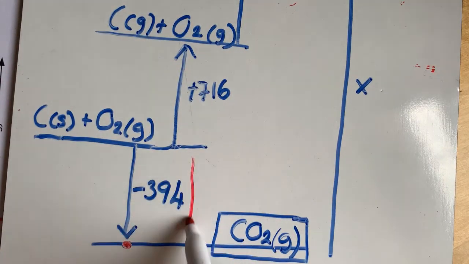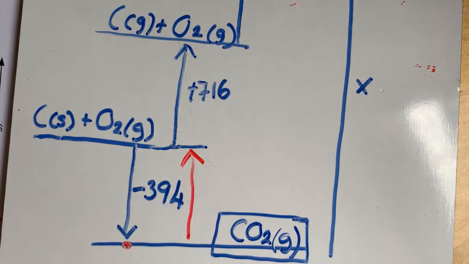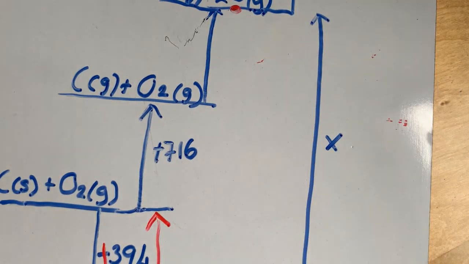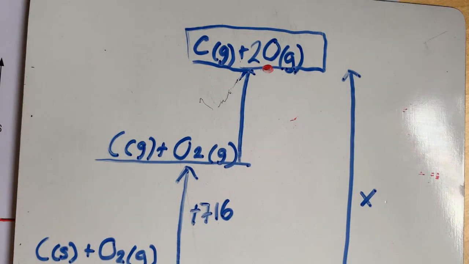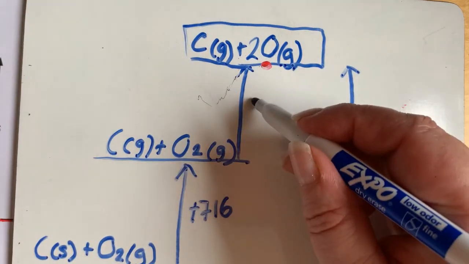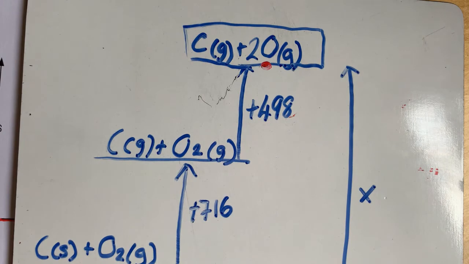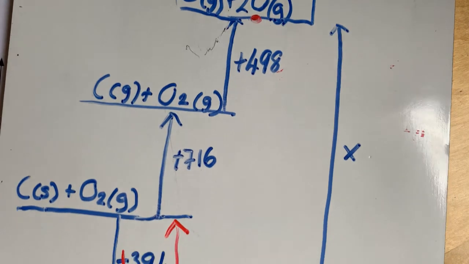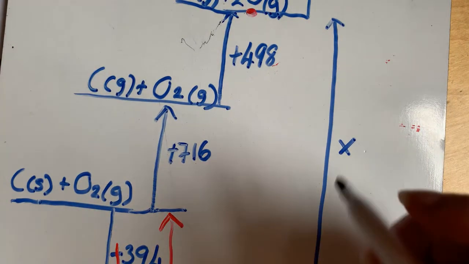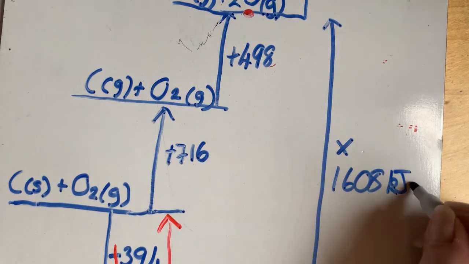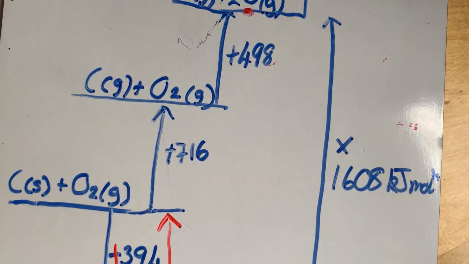So we'd be going up 394, so that would change the sign of this, up 716, and then up the 498 kilojoules per mole, which I didn't add on, sorry. And so you add all of those up and you end up with the exactly same 1608 kilojoules per mole.